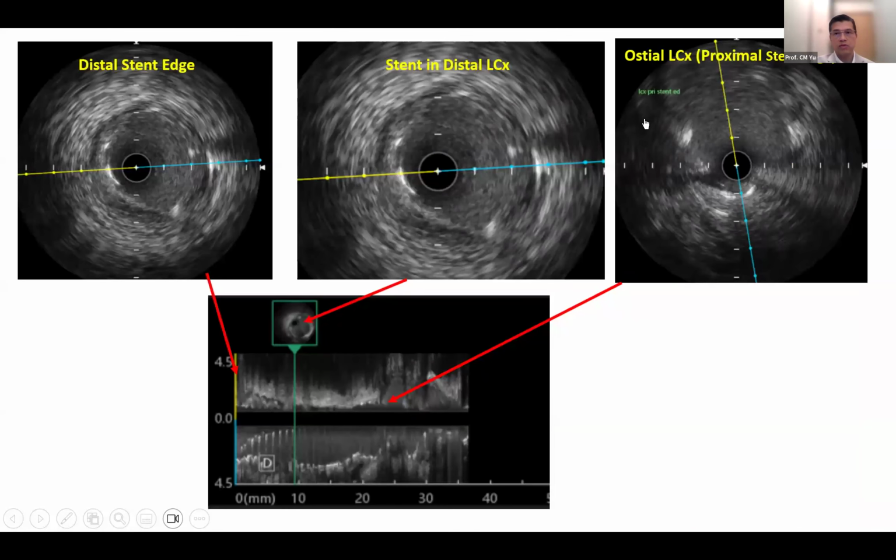Now here it shows the summary of the essential slice at the distal stent edge as shown in here, and also at the proximal at the ostial here, just before the left main, which joins here.